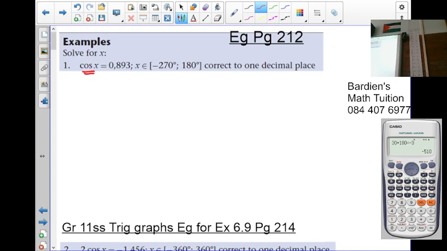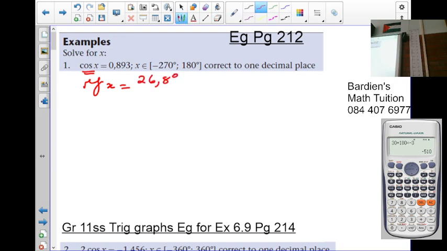So what do I do at this point, people? Find my reference angle. The reference x is equal to arc cos of 0,893. I need somebody to work it out for me. Sorry? 26,75 degrees. One decimal place, so it will be 26,8 degrees.